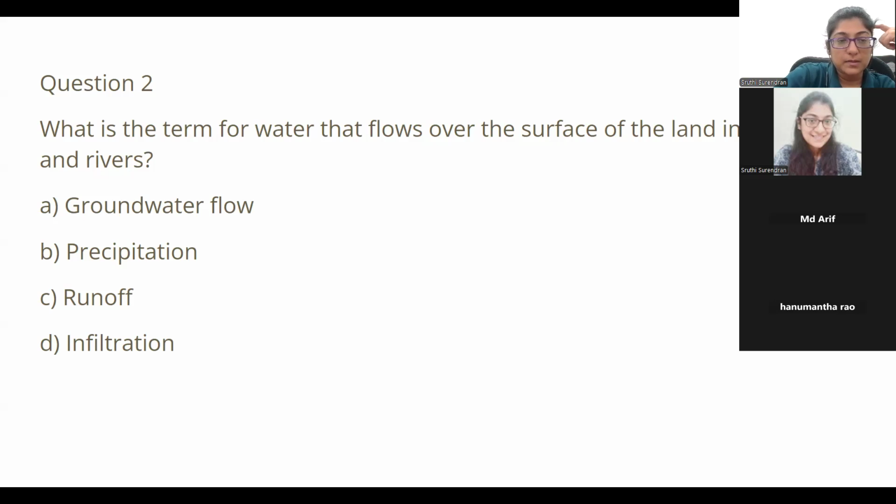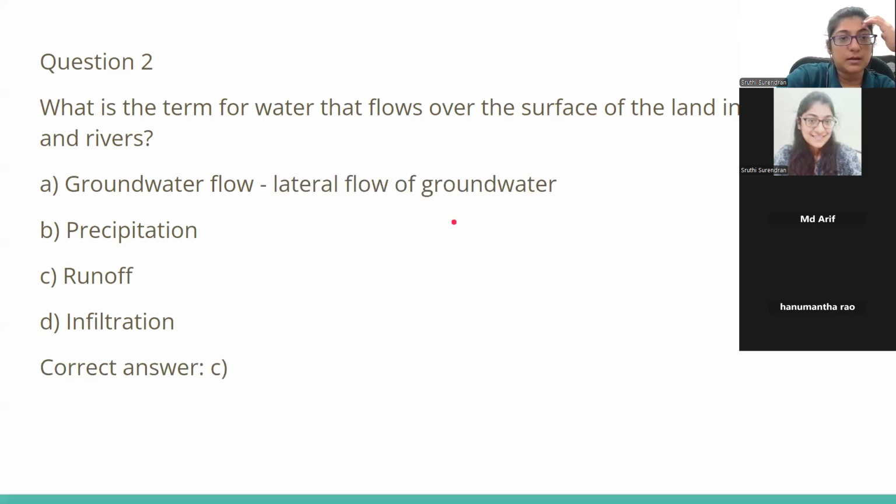Yes, pretty simple question. The correct answer is option C, runoff. Groundwater flow is the flow that is occurring below the surface, the lateral flow, so we can also call it base flow. Sometimes interflow is also, no, interflow is not groundwater. Base flow is groundwater flow.